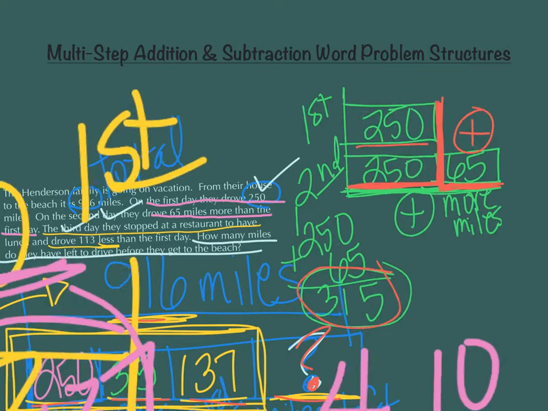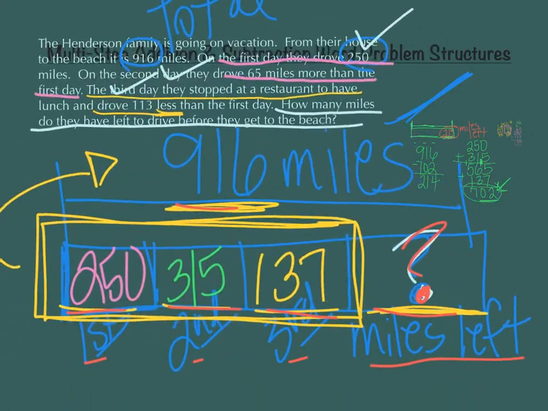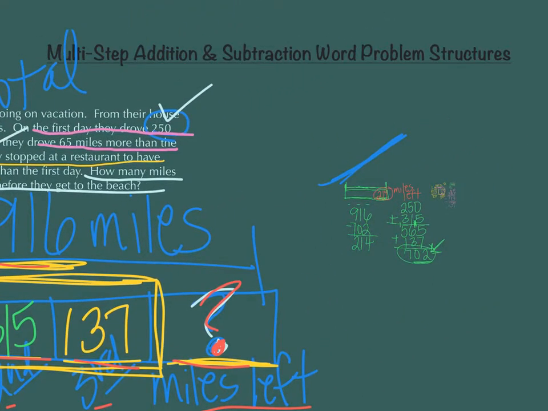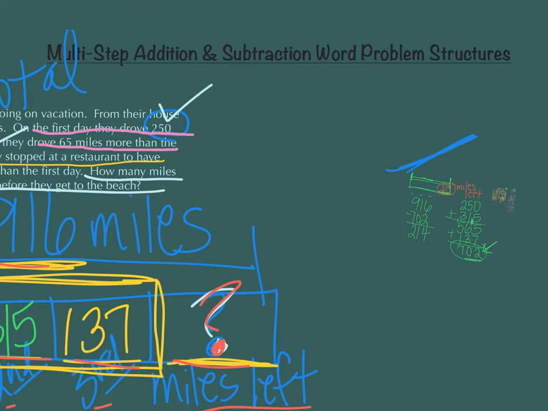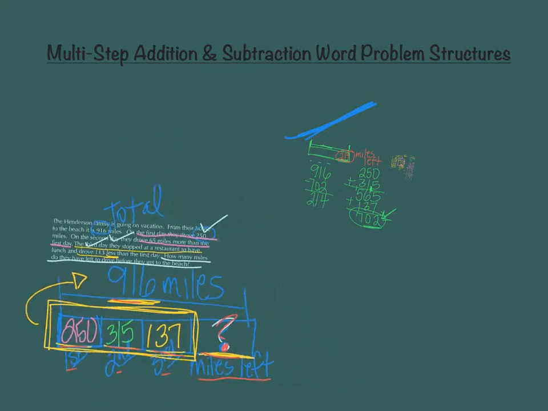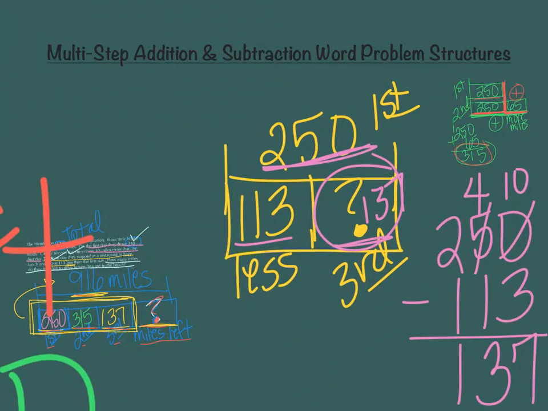So then I was able to go back into my original word problem structure, add second day. Then I found third day by doing what? How did I find third day? That's right. It said it was 113 miles less than first day.